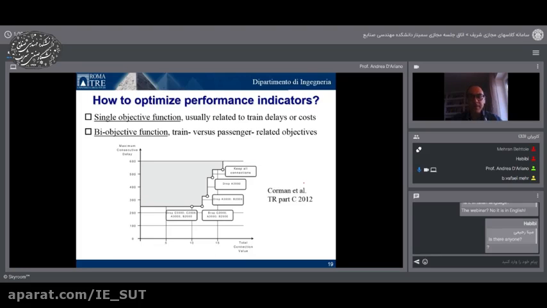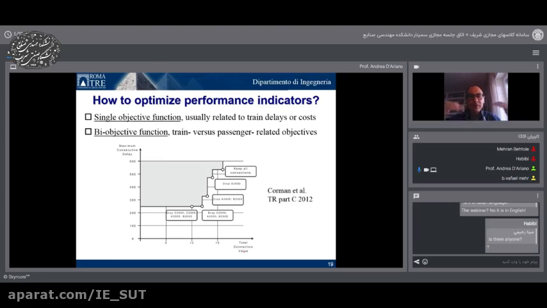For example, in this paper with Corman et al., we were dealing with a bi-objective optimization in which the infrastructure manager was trying to minimize delays. We will see later the so-called consecutive delays, which are delays due to conflicts between trains. And the train operating company was dealing with satisfying the passengers and maximizing the number of connections that are satisfied.